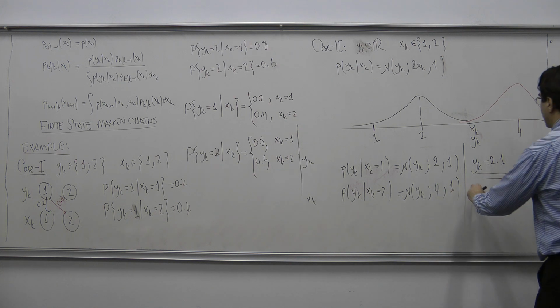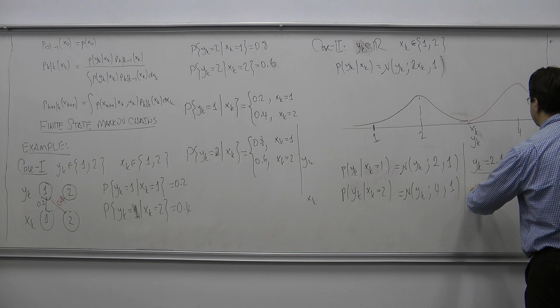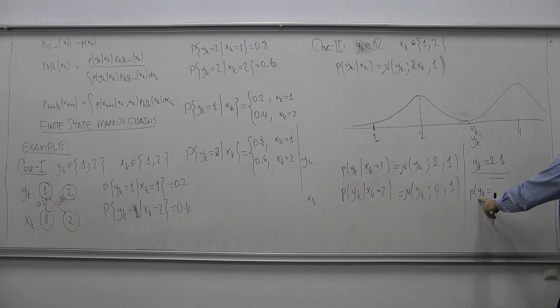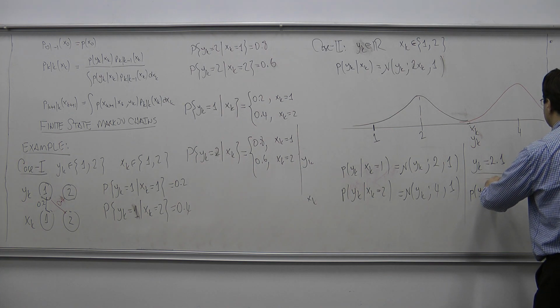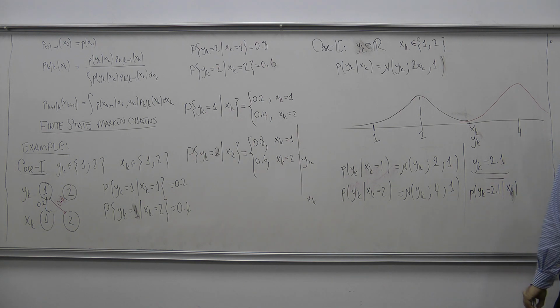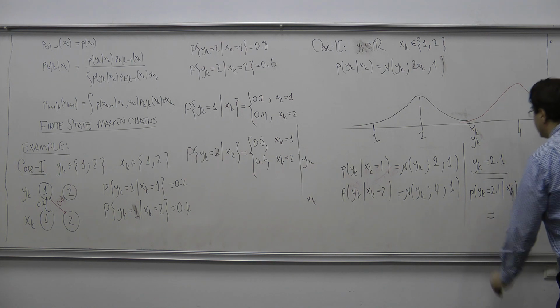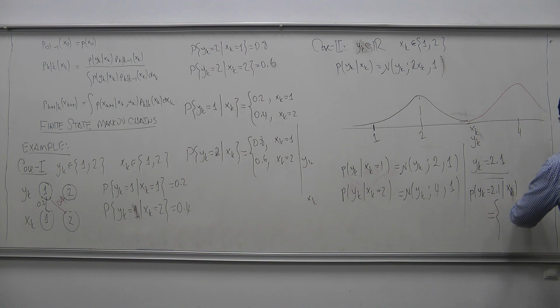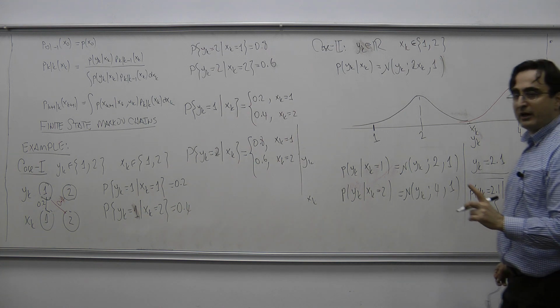In that case, I need to specify the y component, the argument of the likelihood, at 2.1, and then I look at this as a function of xk. And this is going to be equal to, when xk is equal to 1, a value, and when xk is equal to 2, another value. And output is always fixed here. All right?